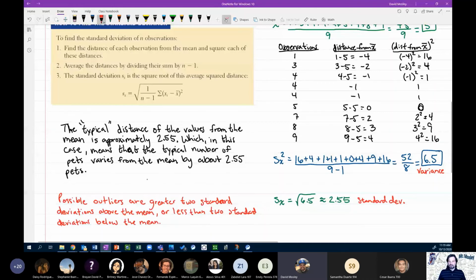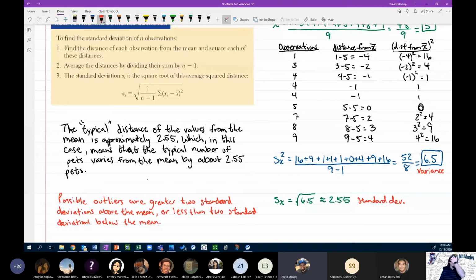So just like we use that 1.5 times IQR with our quartiles, and we add that number to quartile 3 and we subtract from quartile 1, anything greater than that added to Q3 is an outlier. Anything less than that number subtracted from Q1 is an outlier. This gives us a similar set of boundaries to say anything outside these values is an outlier.